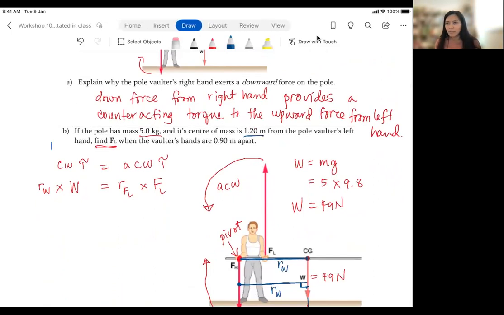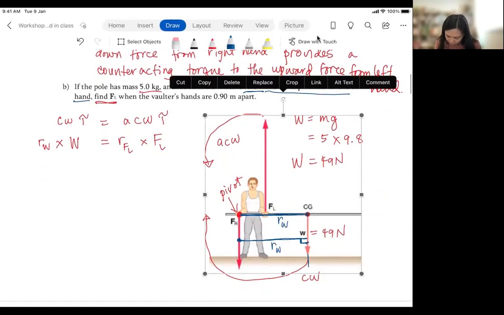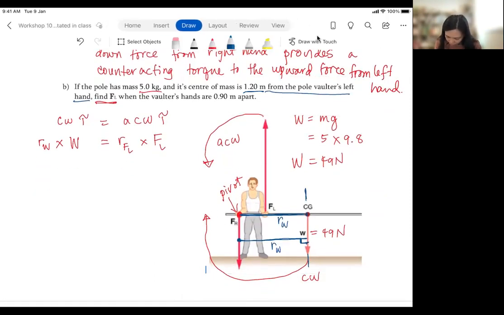Okay, so that means the center of mass from the pole vaulter's left hand is 1.2 meters. So from here, from the center of mass to the left hand, it's 1.2 meters, and then the distance between the hands is 0.9 meters. I hope that's visible right there.